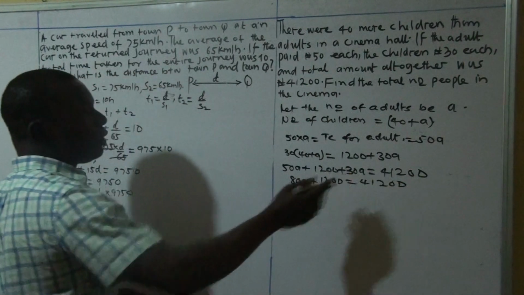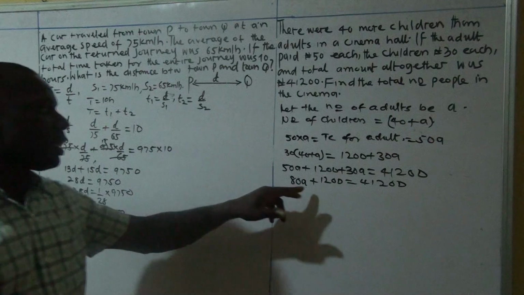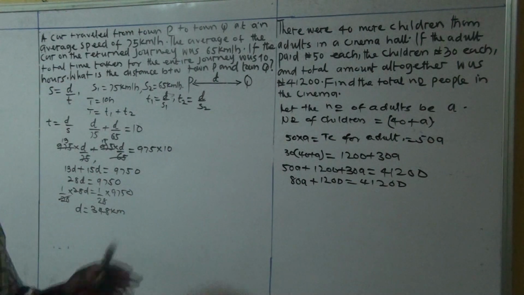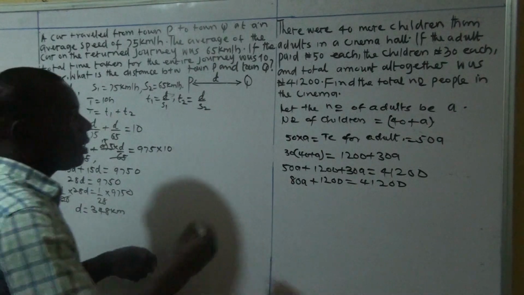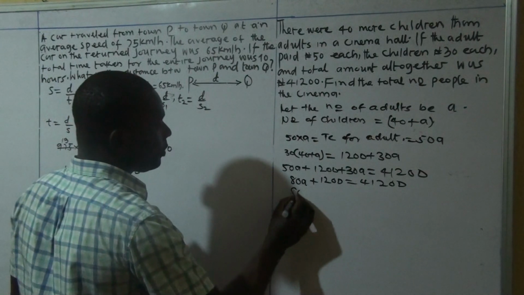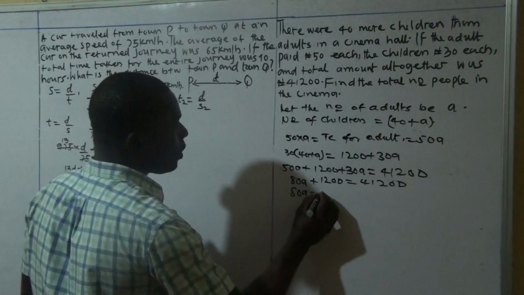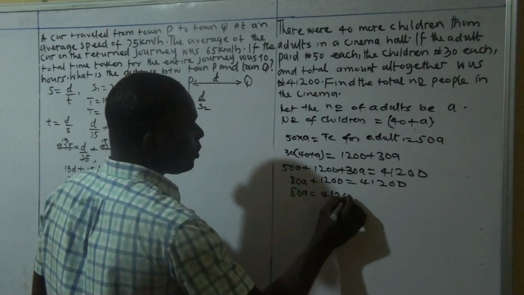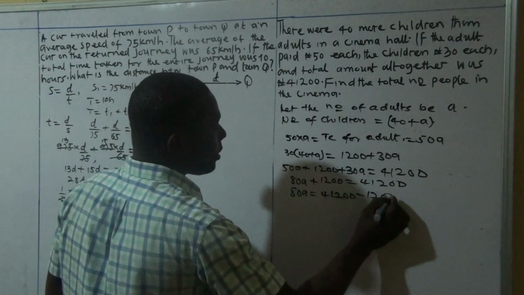41,200. So all we need to do is move this plus 1,200 to the other side, and it becomes negative. So we have 80A is equal to 41,200 minus 1,200.